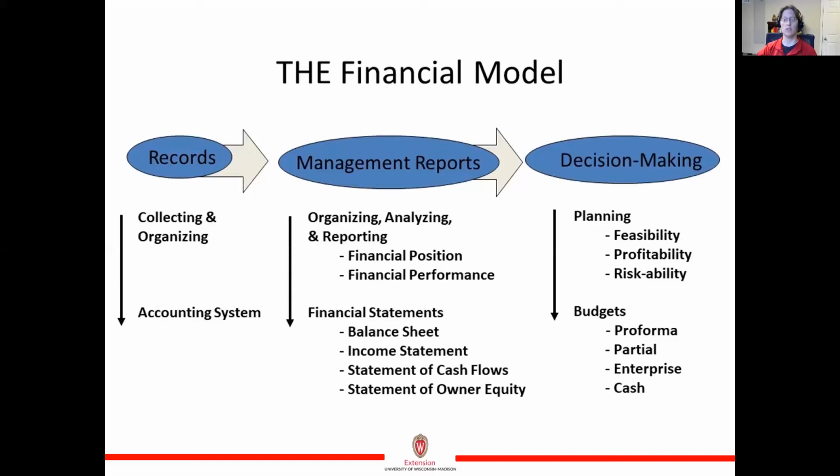To do this, we utilize the production and financial information from our management reports and transform this information through budgets as our tools to help analyze our decisions as to their profitability, feasibility, and riskability. The common budgets include enterprise, partial budgets, and whole farm business budgets.